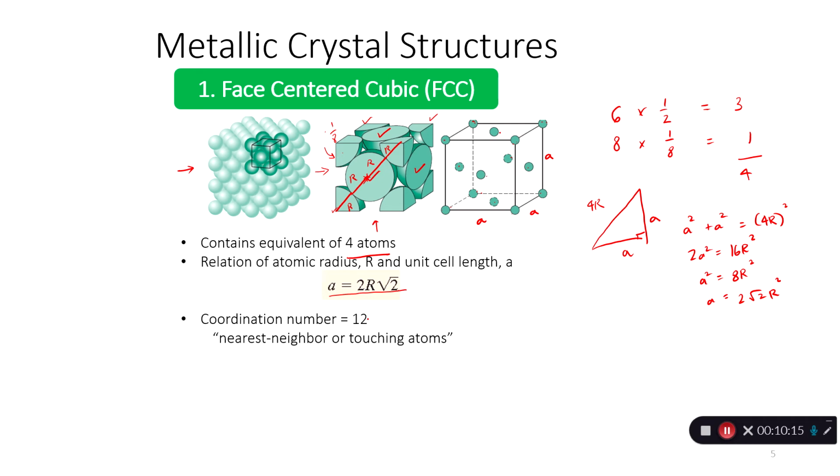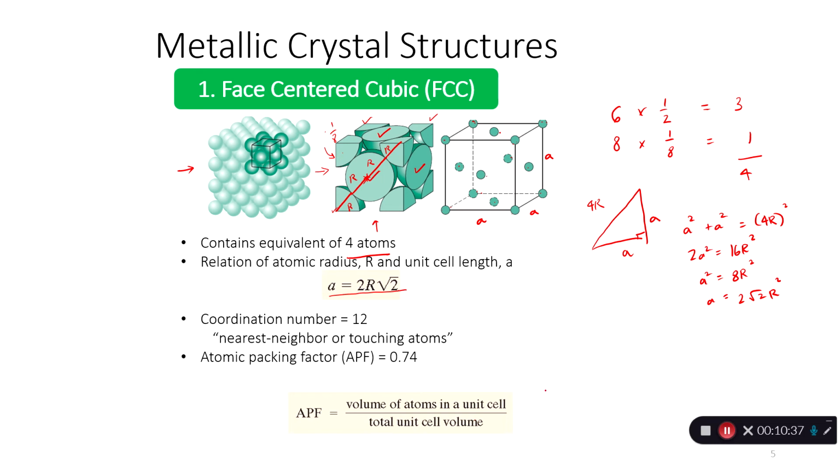Okay. And finally, another thing that we should know about the structure is that there's something called atomic packing factor. Here the APF is 0.74. What it means is volume of the atoms in the cell over the volume of the cell.